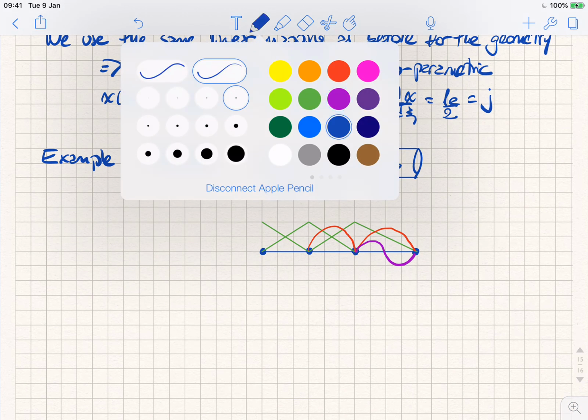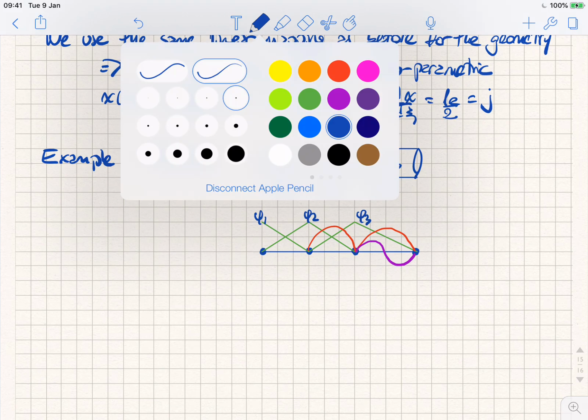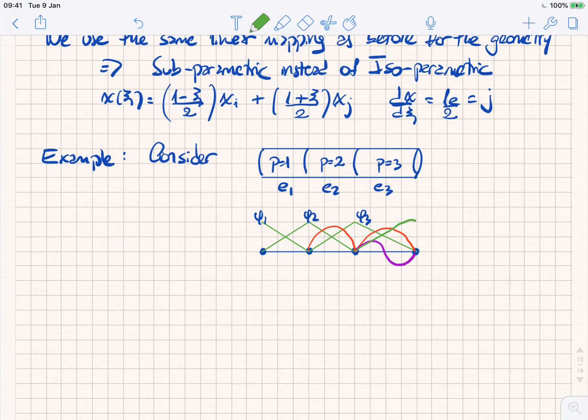So let's label them. phi1, phi2, phi3. I am missing one function here. phi4, phi5, 6, 7.